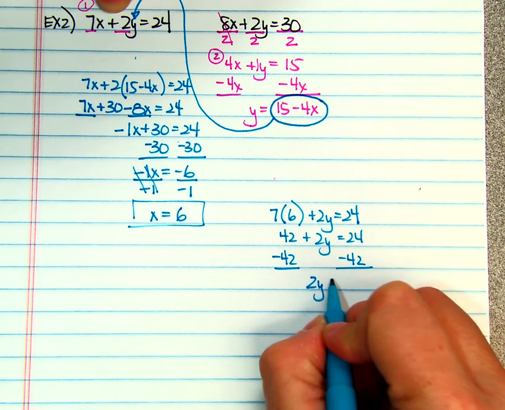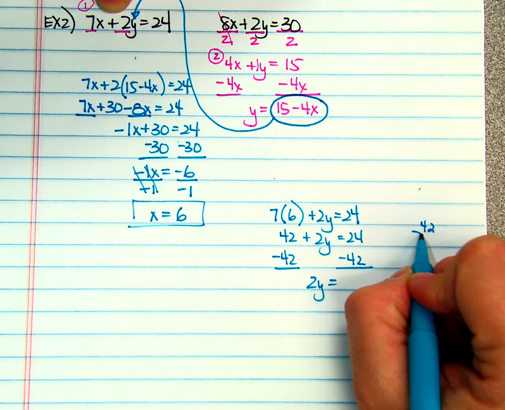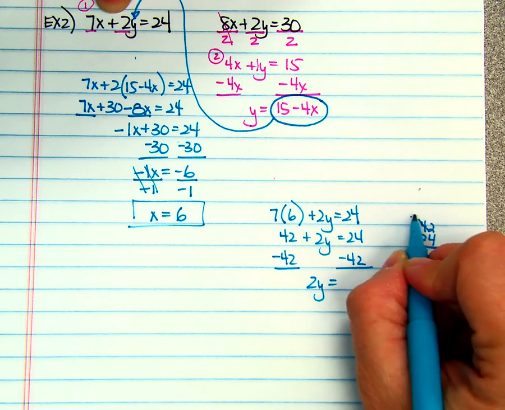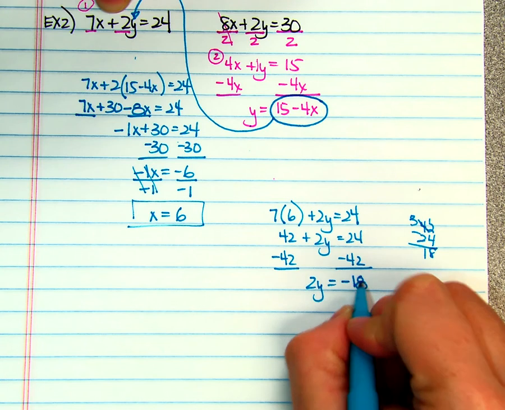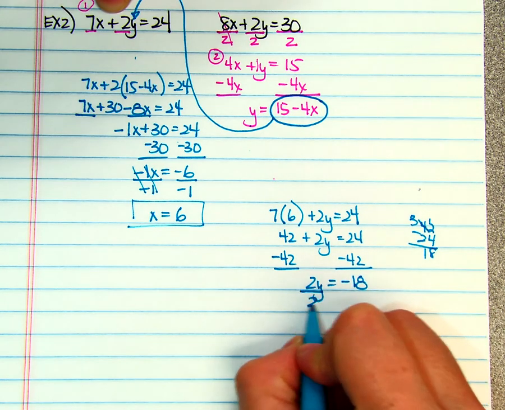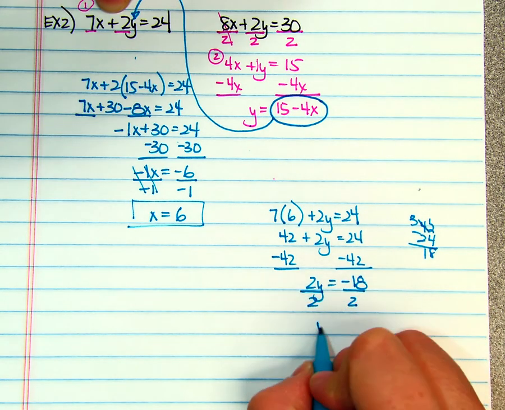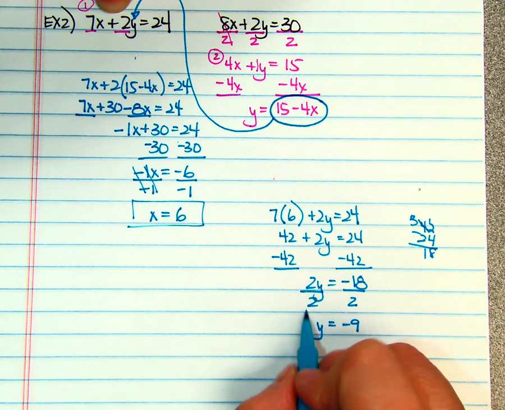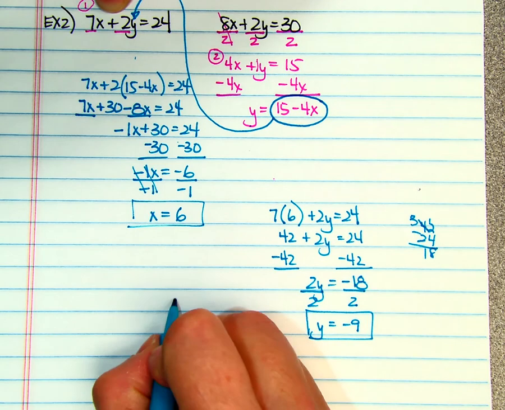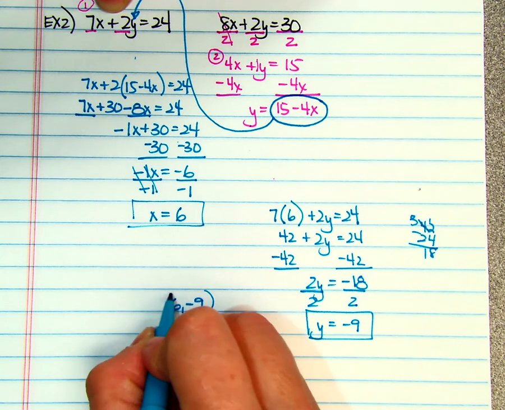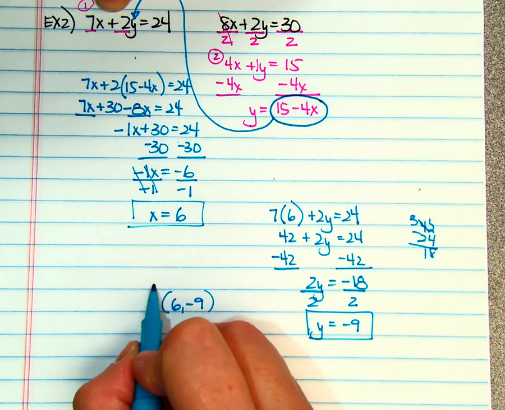And I have 2y equals 42 minus 24. Gives me a 3 and an 8 and a 1. Gives me a negative 18. Divide both sides by 2, and I get y to equal a negative 9. Remember to write it as an ordered pair. So I have the ordered pair of 6 and negative 9 as my answer.